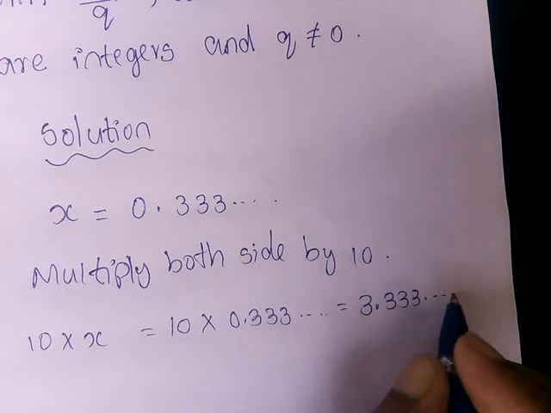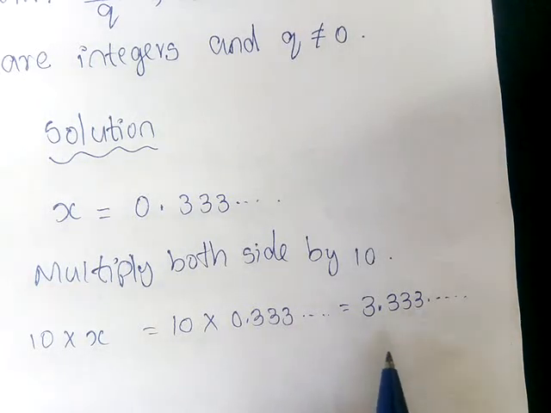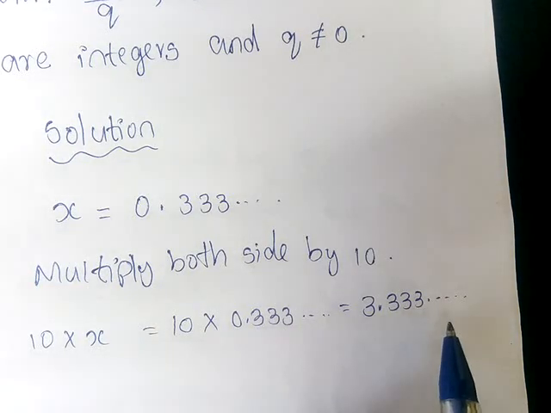10 into 0.333 etc. is equal to 3.333 etc. Now we need to express 3.333 etc. in terms of x.